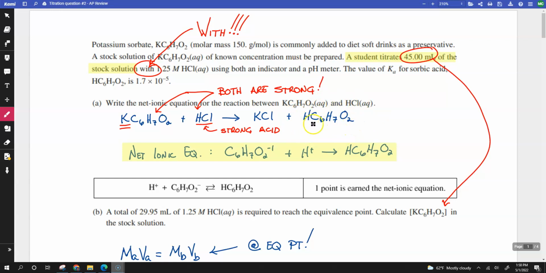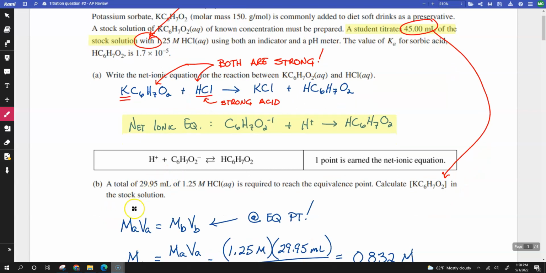This is sorbic acid. Again, we know it's weak because we have a Ka value of 1.7 times 10 to the negative 5. We know potassium chloride is very soluble. Anything, again, with a group 1A metal will dissociate and not form a new thing. So the net ionic equation is just your sorbate ion plus the hydrogen making sorbic acid. Do that, give yourself a point.